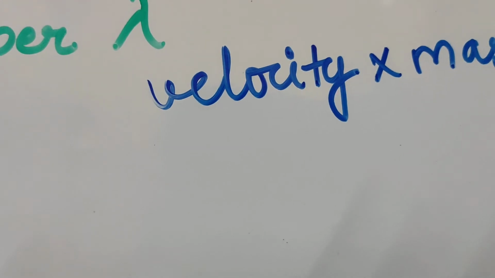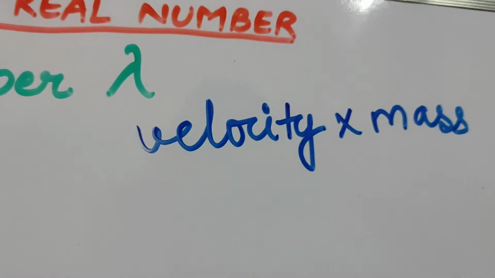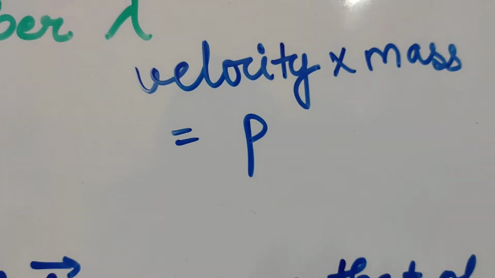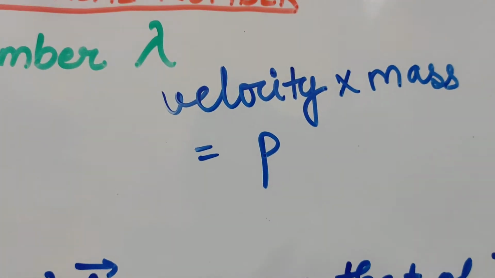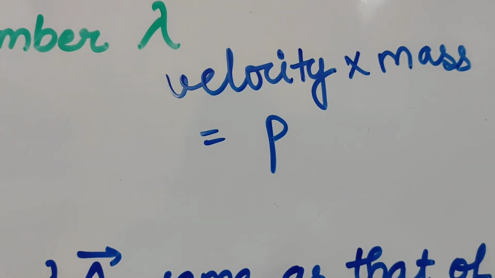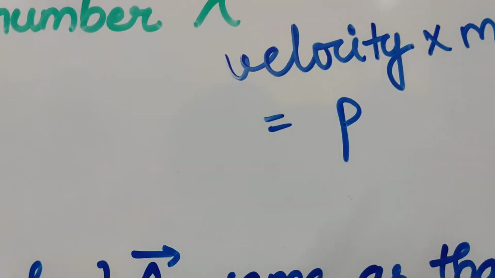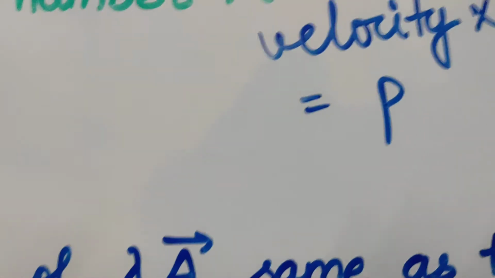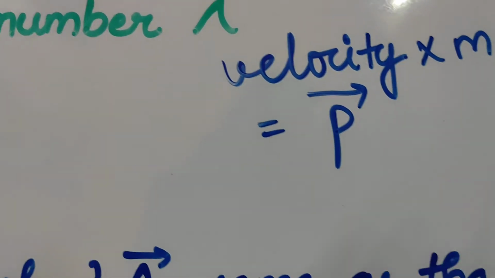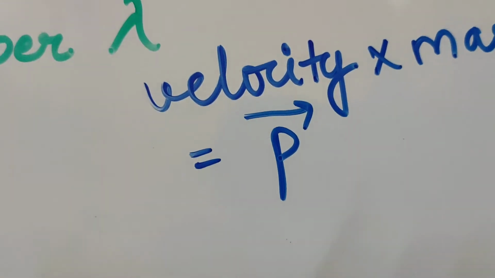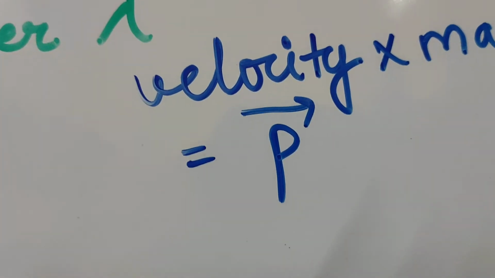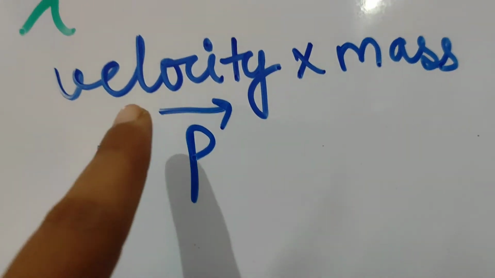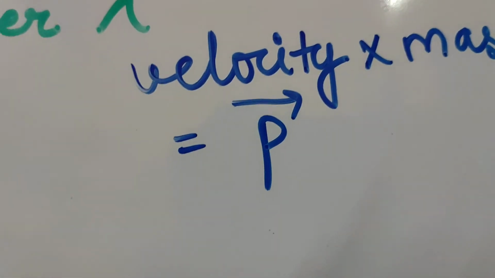Now what will we get in this case? We know that velocity into mass gives us linear momentum. So this new quantity which is obtained will always be a vector. Now the units of this momentum will be obtained by multiplying the units of both velocity and mass.